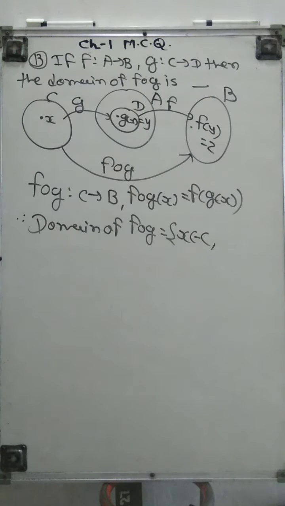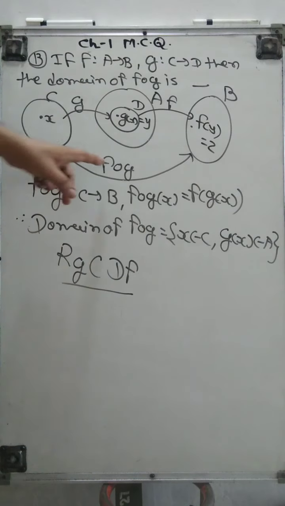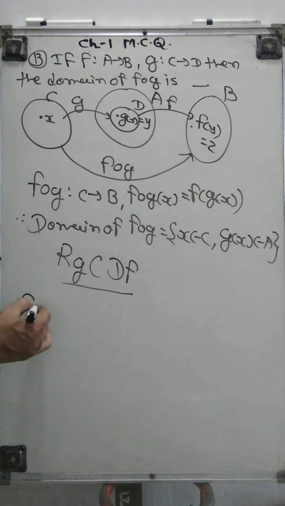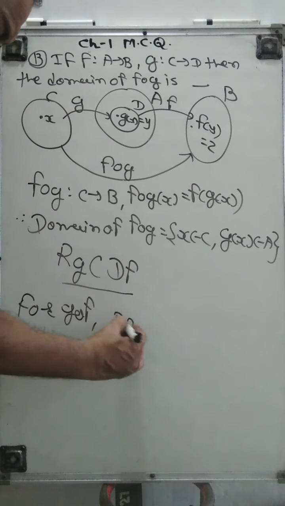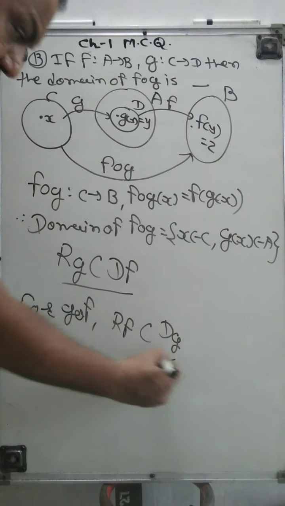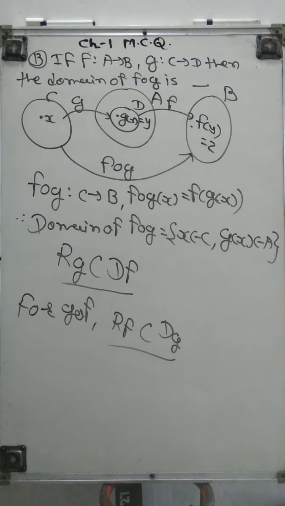Here one thing you remember: for FOG, the range of G is always a subset of the domain of F. Right? So this is very important for the FOG function, and for GOF, the range of F is a subset of the domain of G. So be careful and remember these two things.